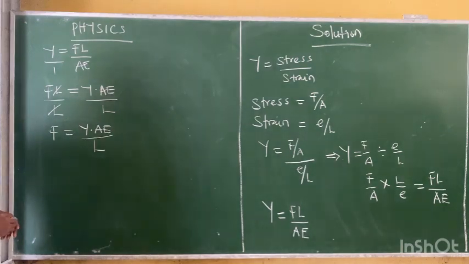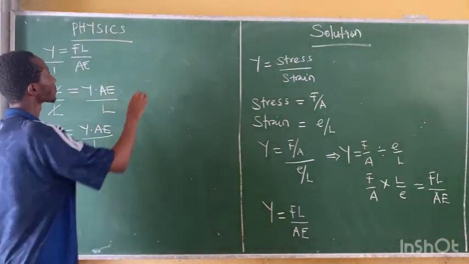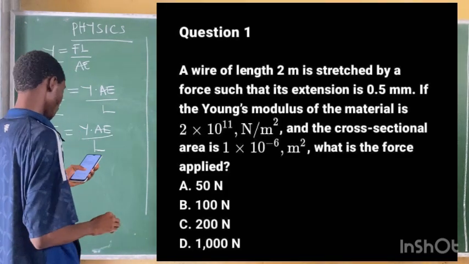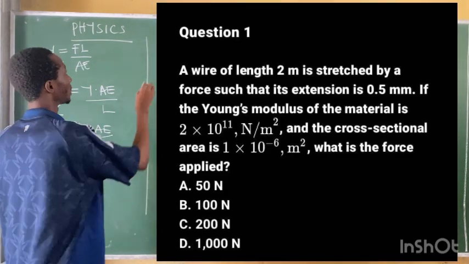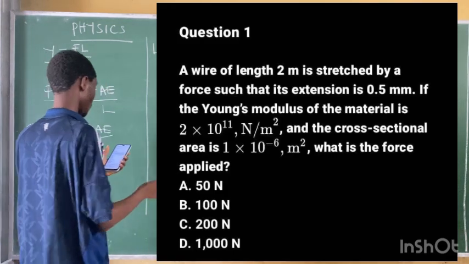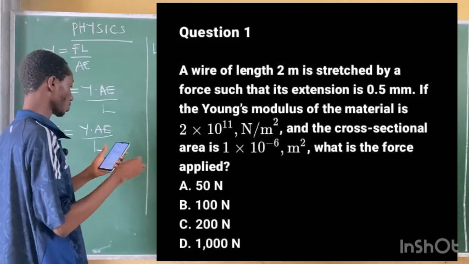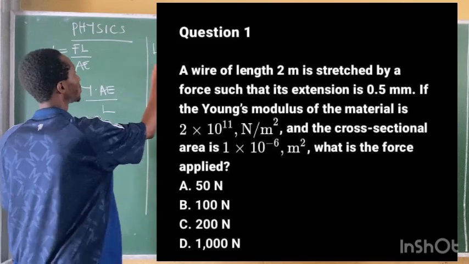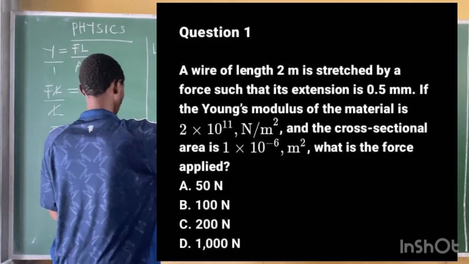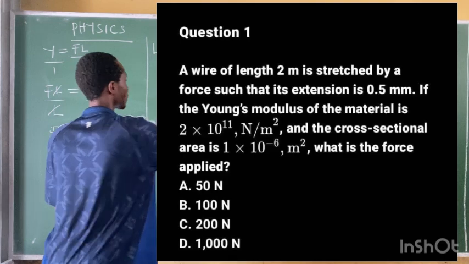So this is the formula we're now going to use. Note, from the question we were given, a wire of length 2 meters. So they give us L to be 2 meters. Is stretched by a force such that its extension, they give us E, the extension, to be 0.5 millimeters.